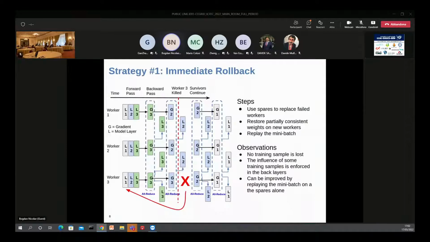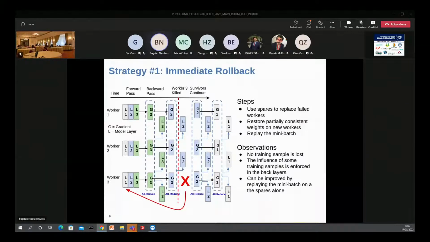letting the normal pipeline proceed as normal. So we have the forward pass. We calculate the local gradients. In parallel, we perform all reduce and we update the weights. But if we encounter a failure, then the survivors will initialize more workers to complete the set of workers that we need.